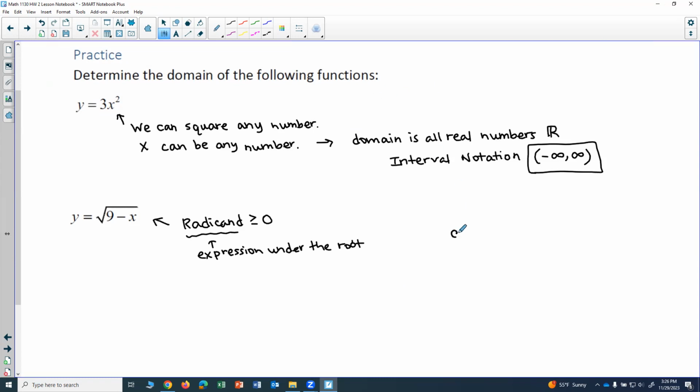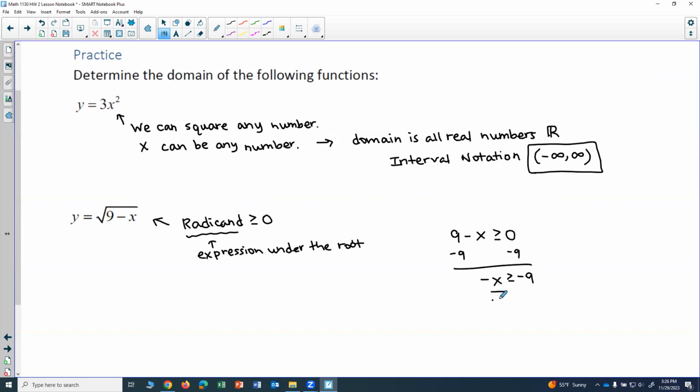So the radicand in this case is 9 minus x. I'll set it to be greater than or equal to 0. And then I have to solve. So if I'm solving, I would subtract 9 from both sides. I would end up with negative x is greater than or equal to negative 9.